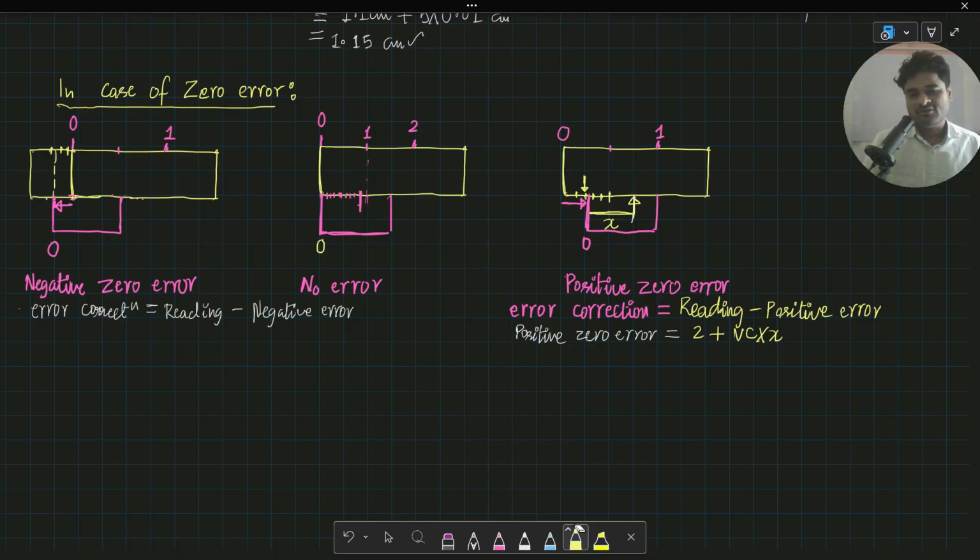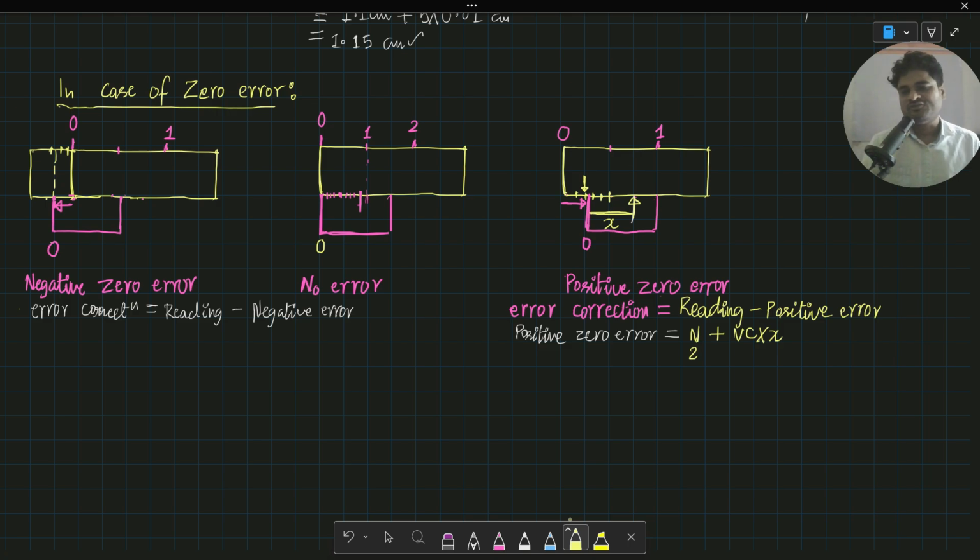In the formula we write n, which in our case is 2, plus x into vernier count, and this value will be positive. We'll subtract this positive error from whatever reading we get with this scale, because this quantity is positive.